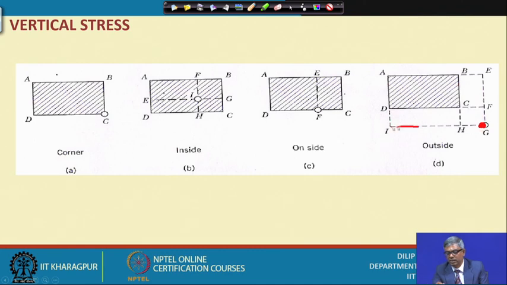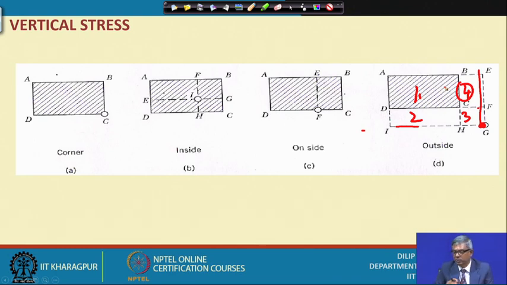I have drawn one line here, another line here, and then I will extend them to intersect, and I will get a bigger rectangle. So, instead of ABCD, now I am getting AIGE. Now again I will extend this line up to here, and this line up to here. So I will get now 1 part, 2 part, 3 part, 4 part.